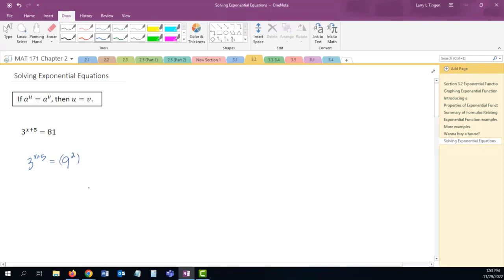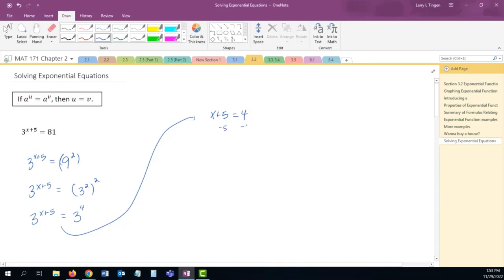I don't know 81 in terms of 3, but I do know it in terms of 9. 81 is 9 squared, and I know 9 in terms of 3. 9 is 3 squared. So I have 9 squared. Well, that's 3 squared squared. Raising a power to a power means you multiply. And the property says if 3 to the x plus 5 is equal to 3 to the 4th, then x plus 5 equals 4.